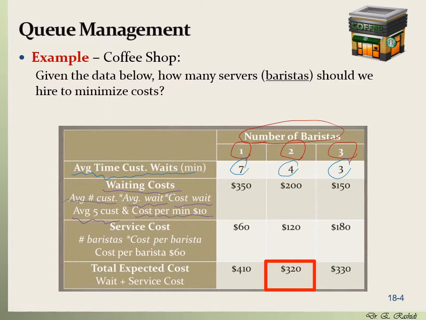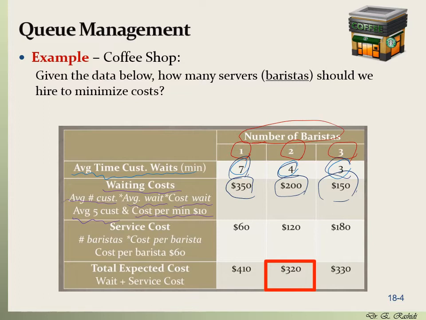So that means $50. We multiply it by the average waiting time. So 50 multiplied by 7, that's $350. 50 multiplied by 4, that's $200. 50 multiplied by 3, that's $150.